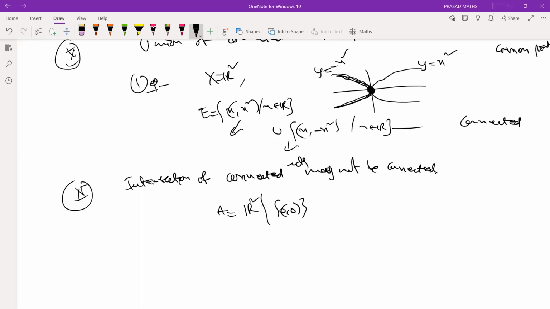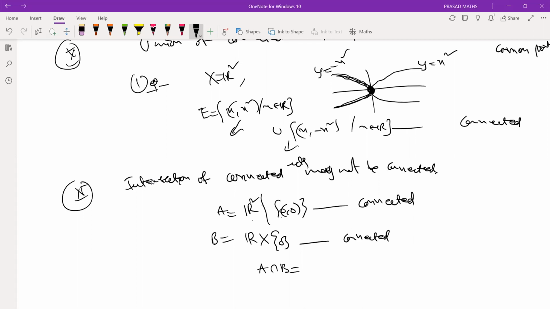I'll tell you why it is connected. It is connected; in fact, it is pathwise connected. So any R square minus a countable set is always connected. And R cross the singleton 0, this is also connected because it is pathwise connected. Therefore, it is connected. You take the intersection.